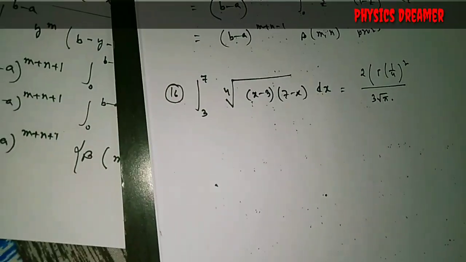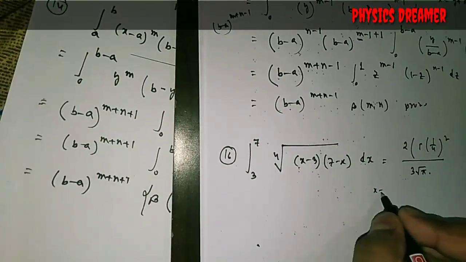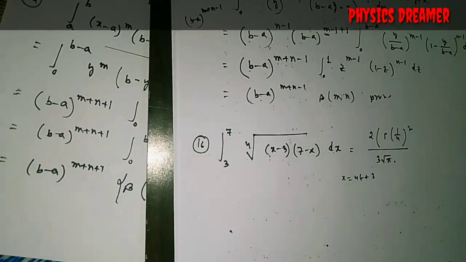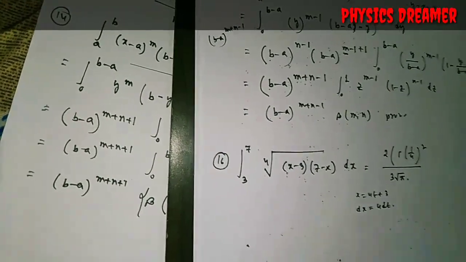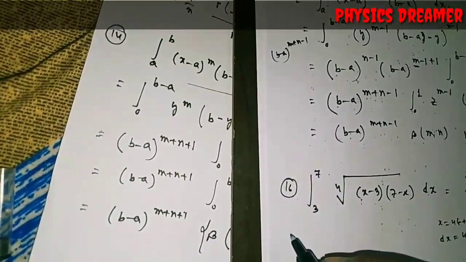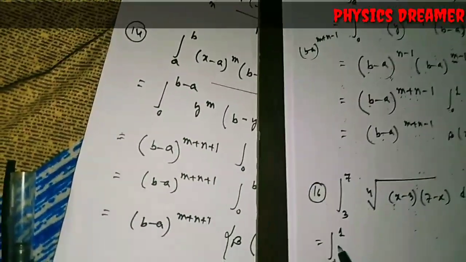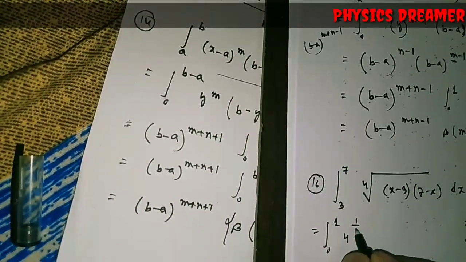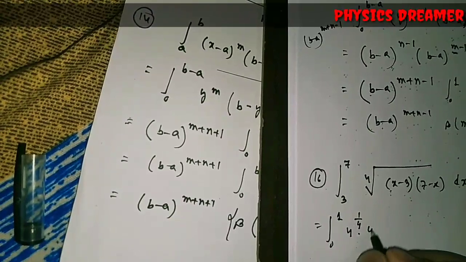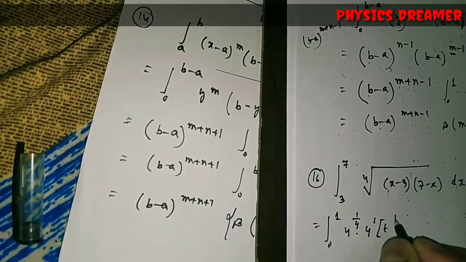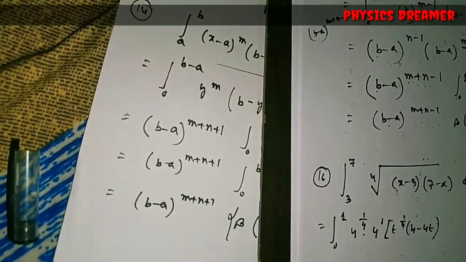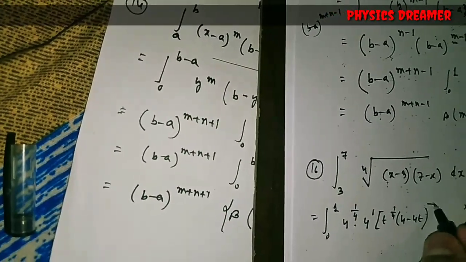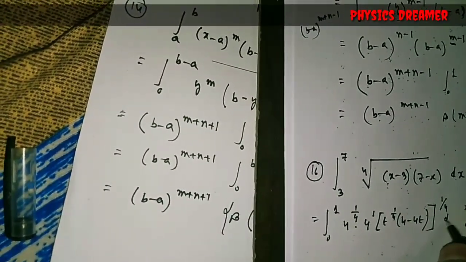Okay, so here I will consider x equal to 4t plus 3, and dx equal to 4 dt. Now the limit will be 3 to 7, here 0 to 1, into 4 to the power 1 by 4 into 4 to the power 1 into t to the power 1 by 4 into (4 minus 4t) whole to the power 1 by 4 dt.